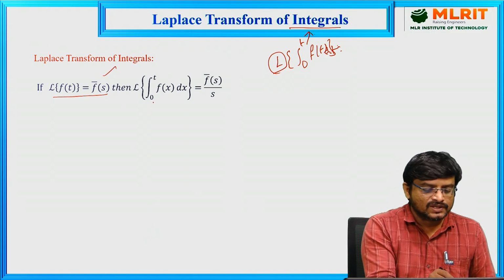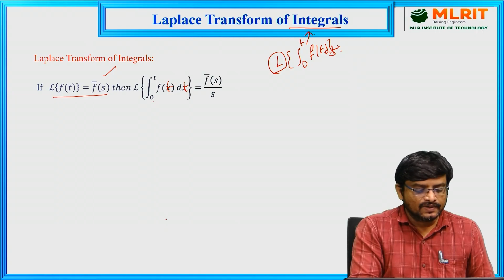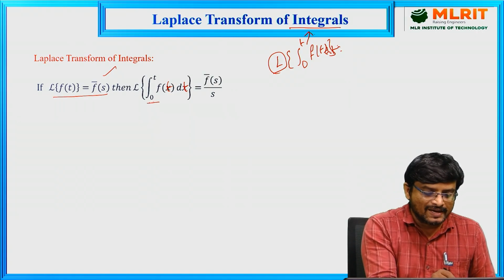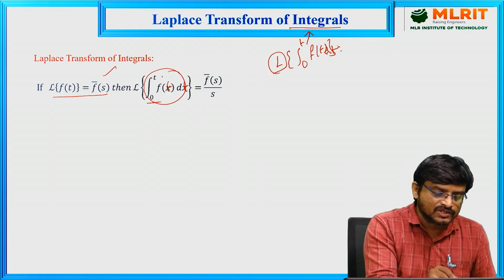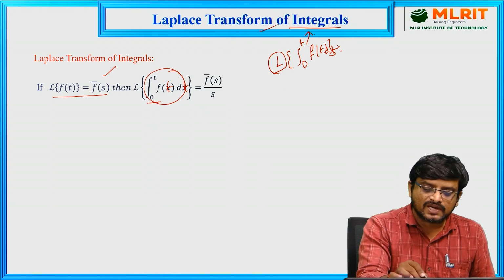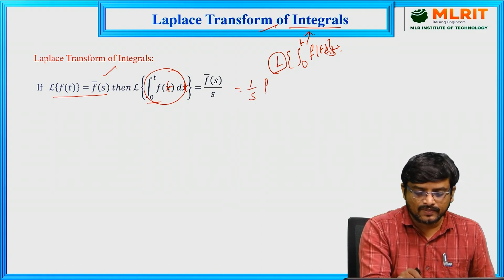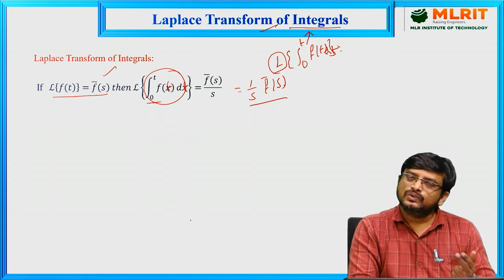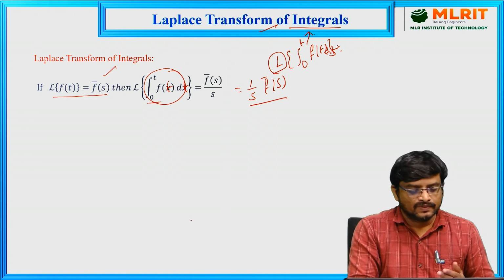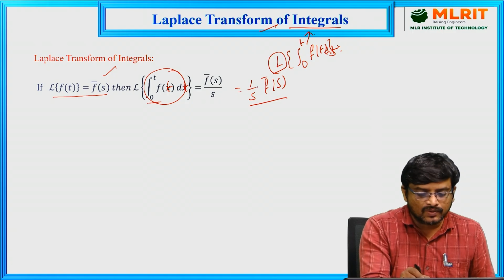Then the Laplace transform of the integral 0 to t f of t dt is given by f bar of s by s, or 1 by s into f bar of s. Similarly, if you have two integrals inside the Laplace transform, we can use the same formula. Since here we have a single integration, we have taken 1 by s.